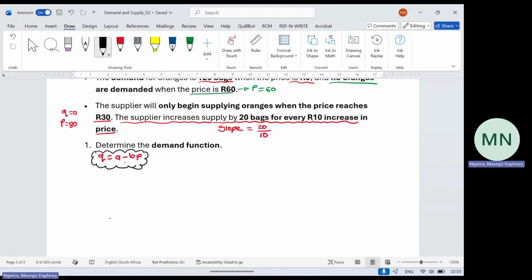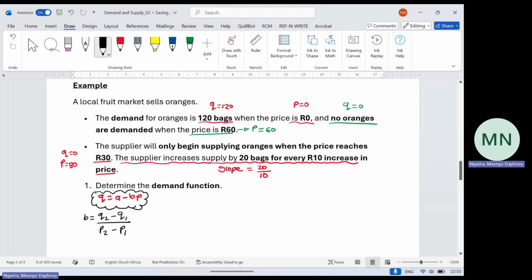All right. So we have to calculate the slope. We always start with the slope. So we know that the slope, which is B, is equals to the change in Q. So it's Q2 minus Q1 over P2 minus P1. So we have two prices and two quantities. If you can check, I already did that.